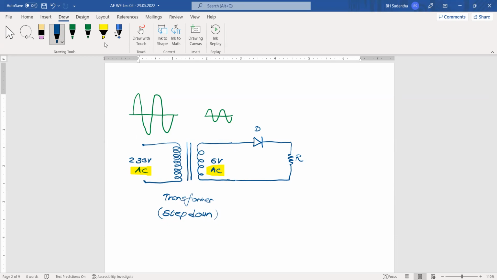You know that after this one, on this side, we have this type of waveform and this negative half cycle. The diode has cut those negative half cycles. It's not coming to this side, then across the resistor, this is the waveform we are having.